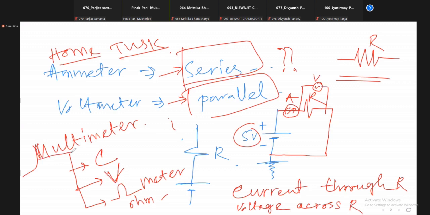So that's why we call this multimeter. Okay, so multimeter is a combination of ammeter, voltmeter, ohm meter, and several other meters.